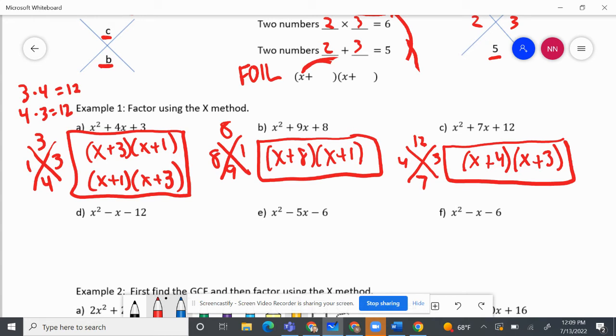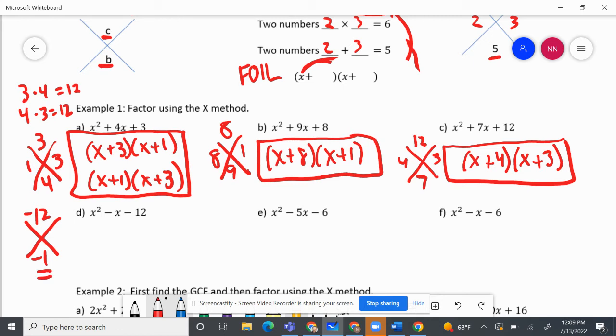Now for the next one, we're looking for two numbers that multiply together give us negative 12, but add up to negative 1. So in this case, it's a little bit more difficult. All the other ones were all positive, so it made it really easy. Here, one has to be negative and one has to be positive. Notice that when we add them up, we have a negative.